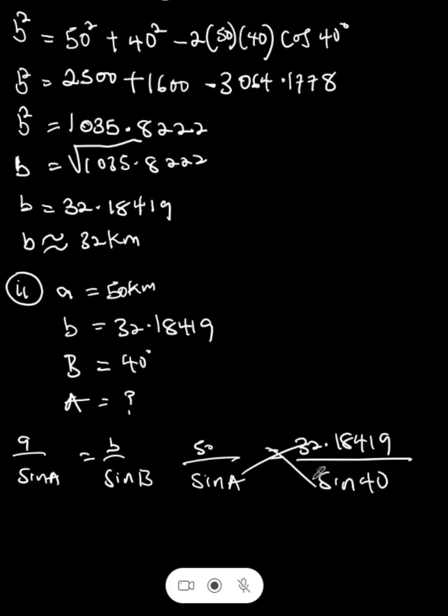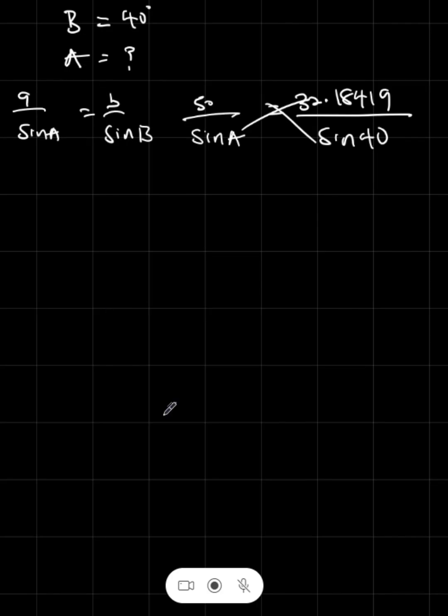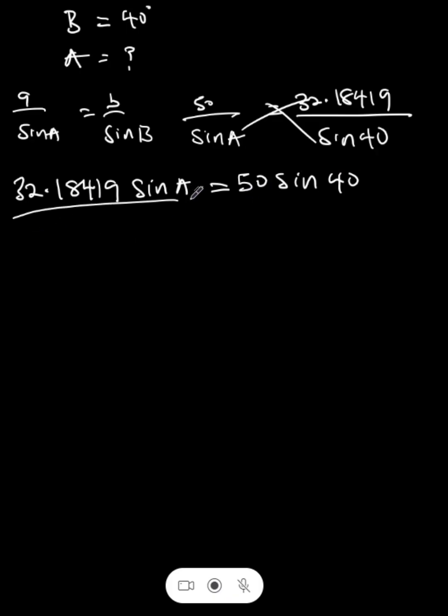So if we cross multiply, we would get 32.18419 sine A equals 50 sine 40. So if you divide both sides by 32.18419, we'll get sine A.